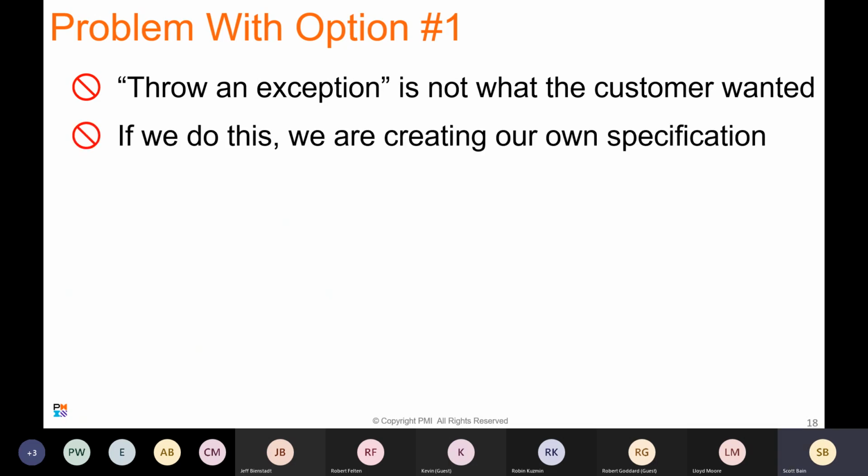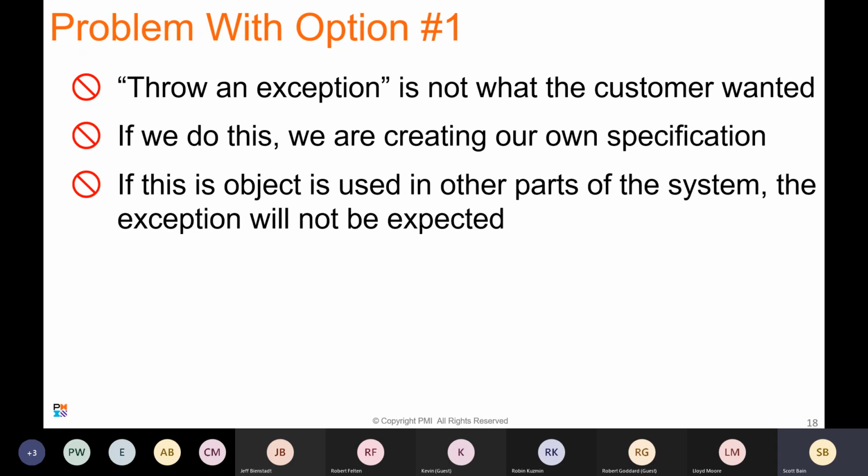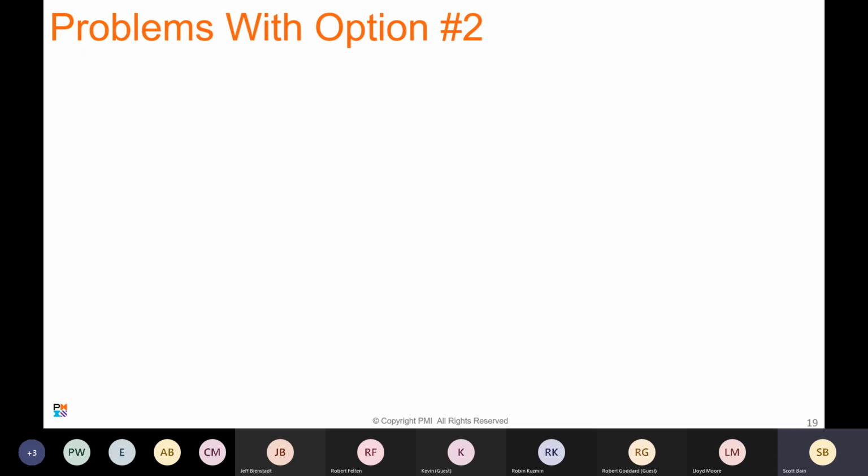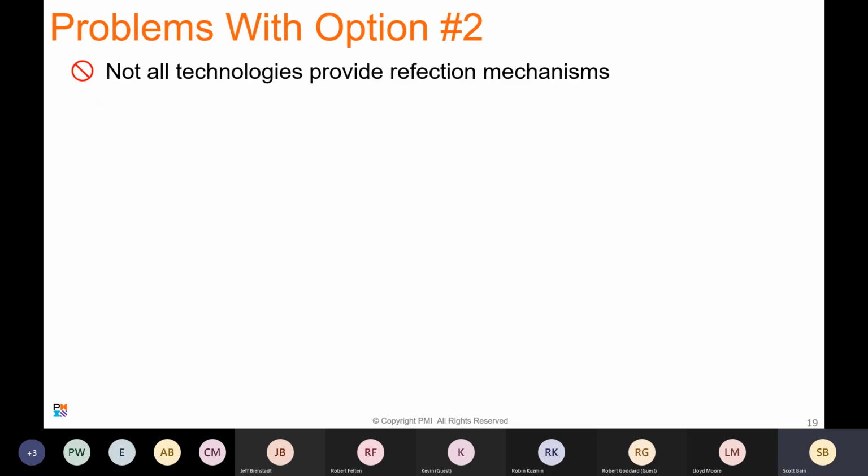We're not supposed to make up our own business rules to reflect the needs and values of the stakeholders. Also, if it's not really part of the genuine specification, then other developers or other teams will not be expecting this throw behavior and will not account for it. The problem with option 2 is threefold. First, reflection is not always available to us. Not all technologies offer it.